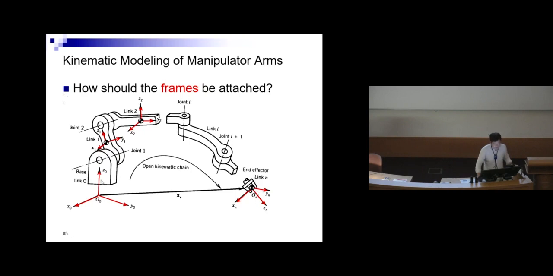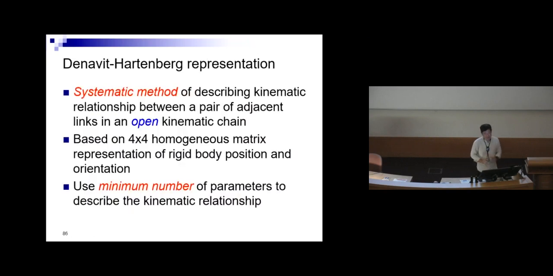The question here is how. The DH notation itself will teach you a systematic method of describing the kinematic relationship between adjacent links. Based on the 4x4 homogeneous matrix representation, it is useful because it uses the minimum number of parameters to describe the kinematic relationship.